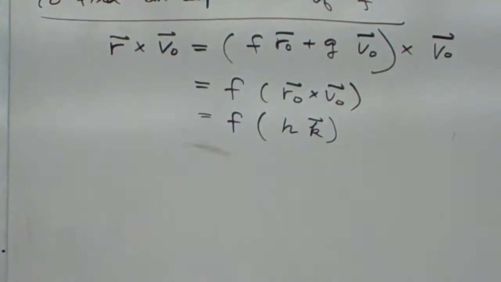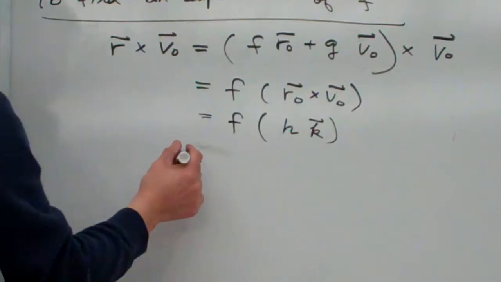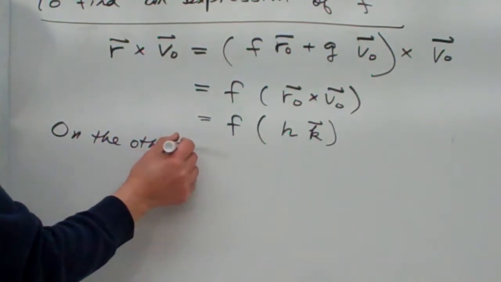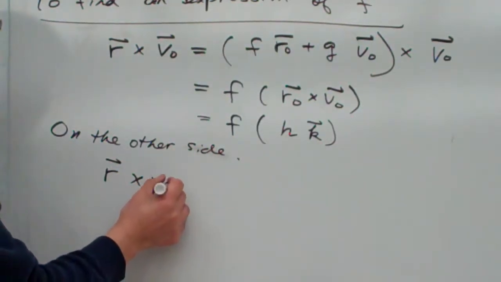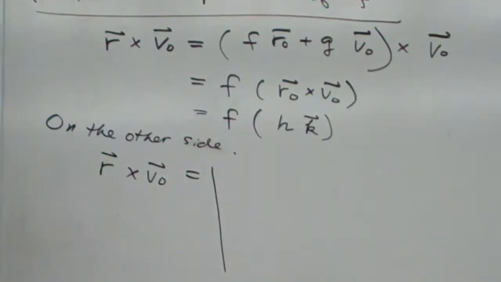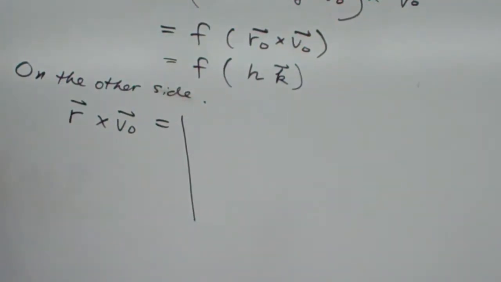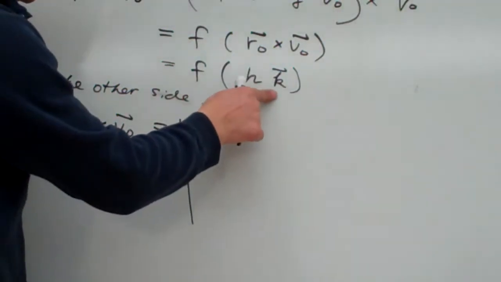Okay. On the other side, let me pick up this format. R cross V, and let me pick up these coordinate systems. For these coordinate systems, PQW, how about that?